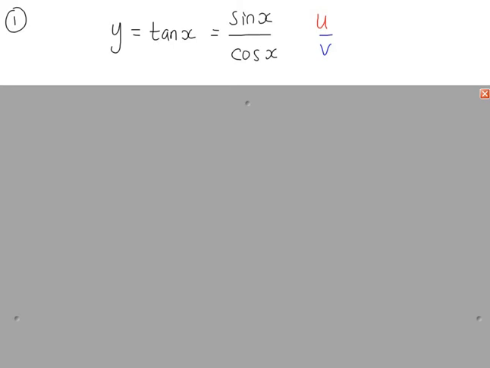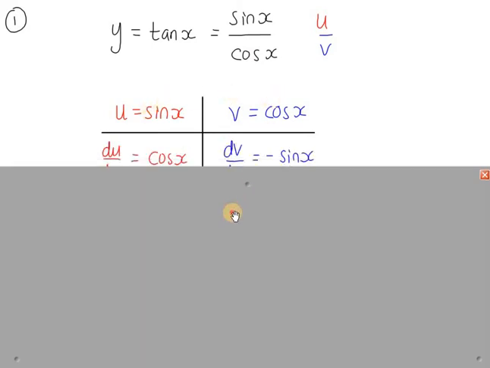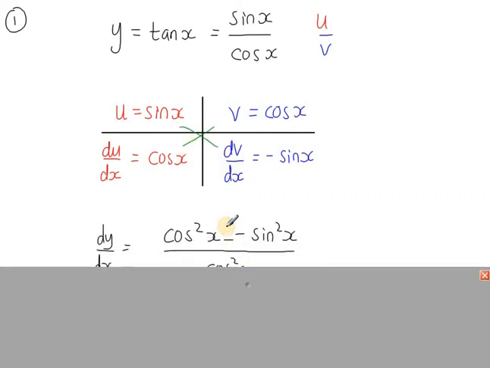Example 1, differentiating tan x. Tan can be written as sine over cos, so we can use the quotient rule for differentiation. So u is sine x, v is cos x, differentiate sine, differentiate cos, and then cross multiply. In the quotient rule you multiply these first and then these. That's always a minus, over v squared.